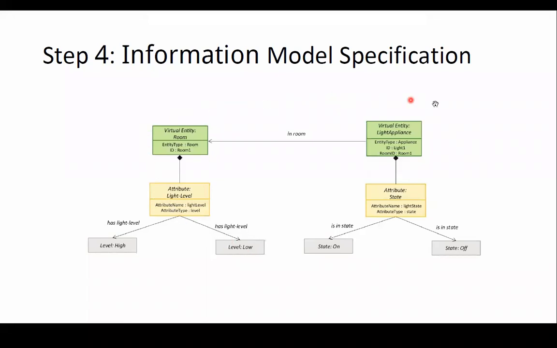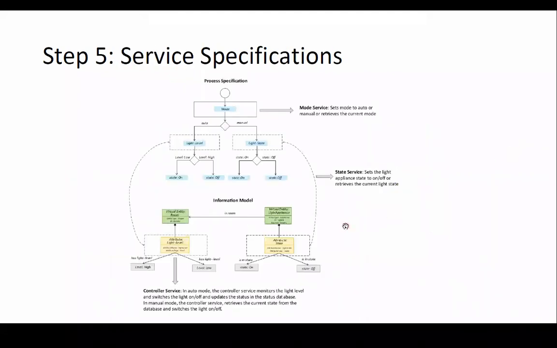So this particular step is going to focus on various information available about different entities. So one type of information is light level, and the other type of information is state. If the level is high or if the level is low, and if the state is on or if the state is off. This is step number 4 in the case of your IoT design methodology, information model specification.